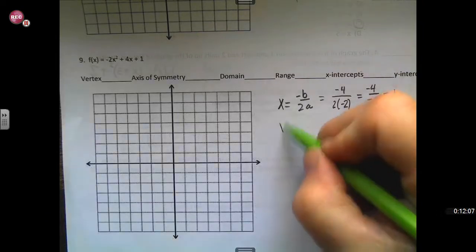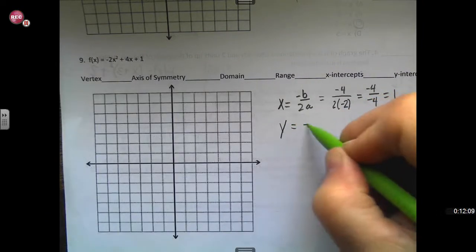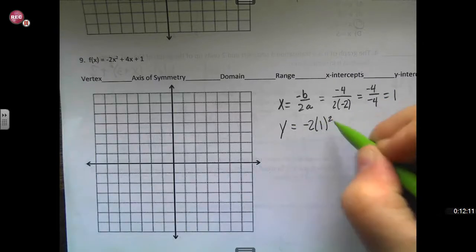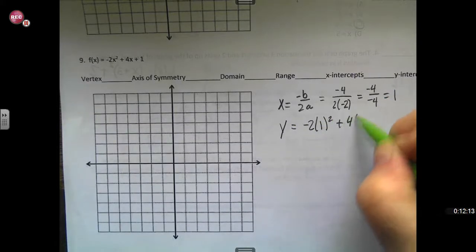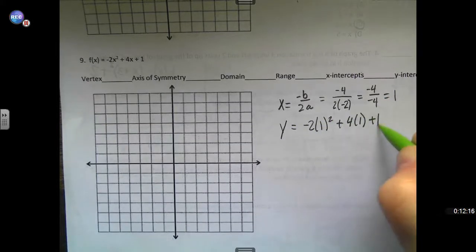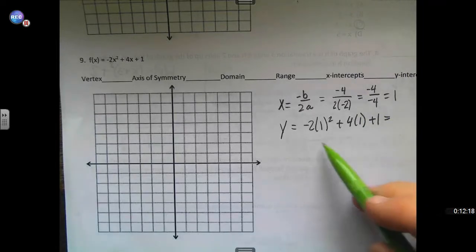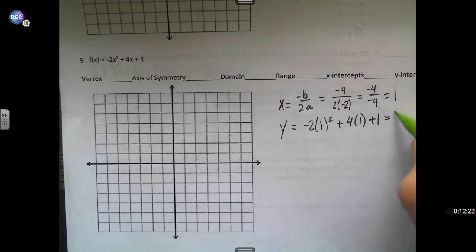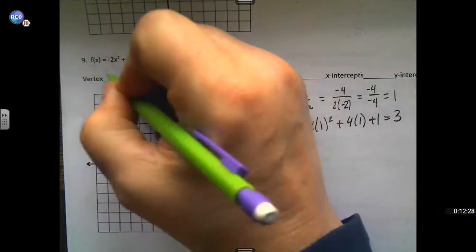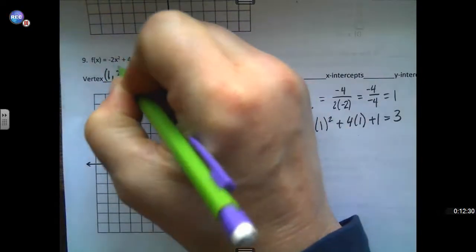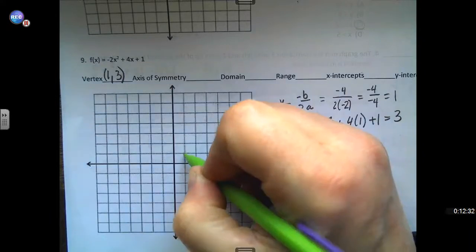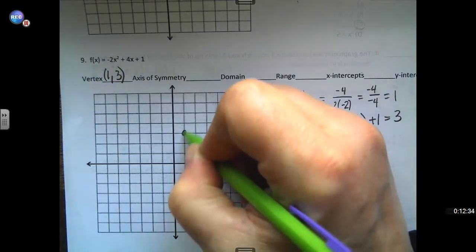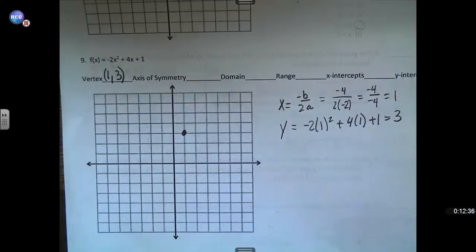And then the y value will be negative 2 times 1 squared plus 4 times 1 plus 1, which is negative 2 plus 4 is 2, plus 1 is 3. So the vertex should be at 1, 3, and this opens down.